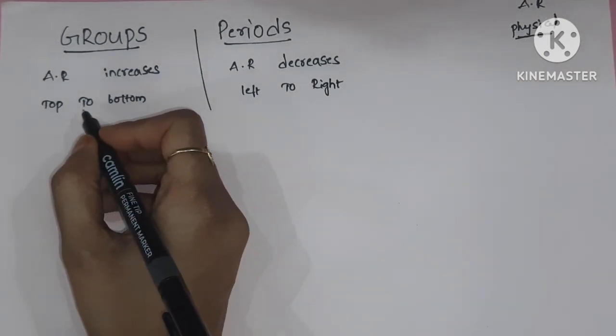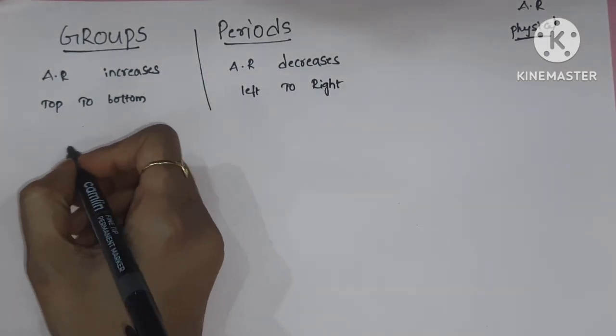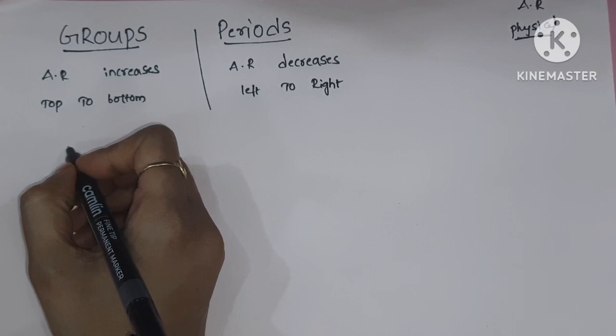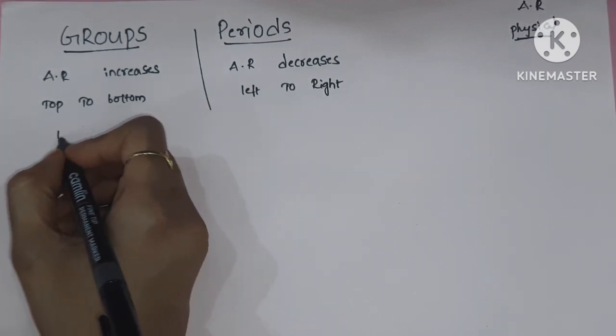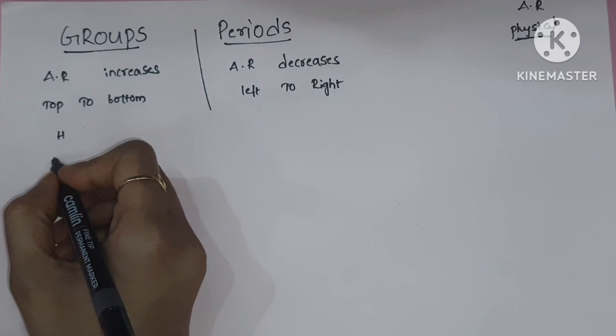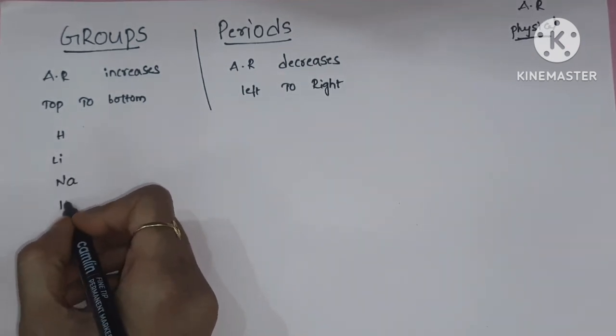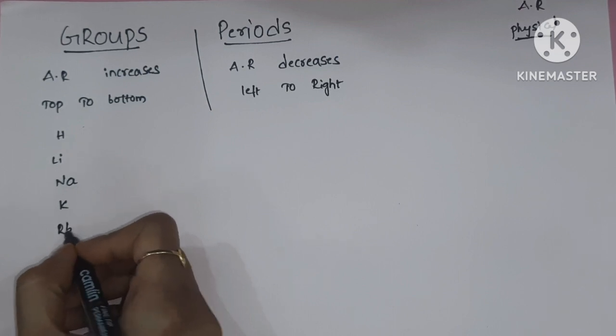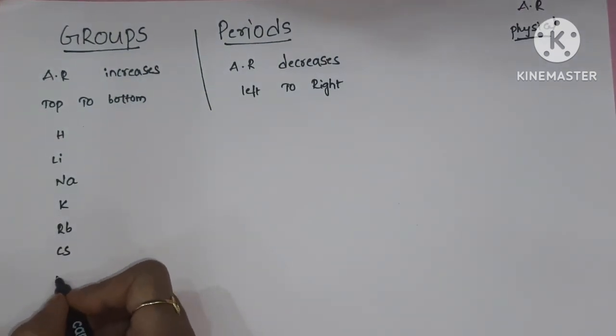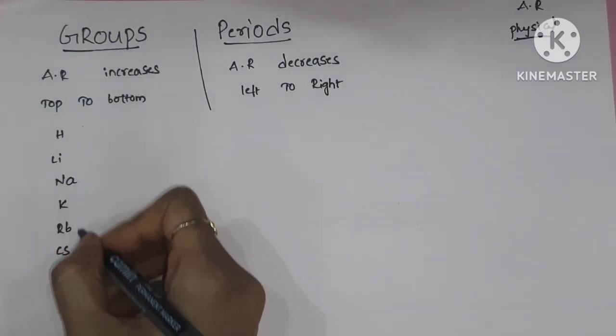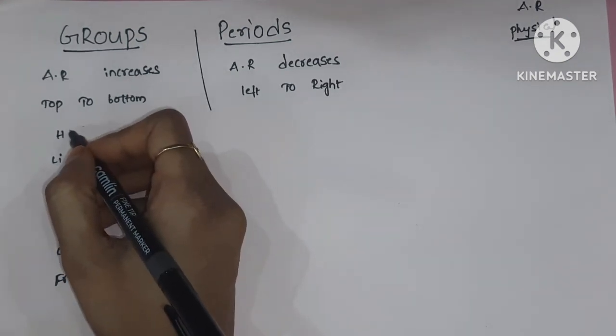So, in group 1, the alkali metals: hydrogen, lithium, sodium, potassium, rubidium, cesium, francium. All these are group 1 elements, right?